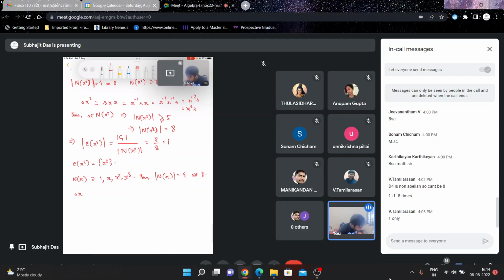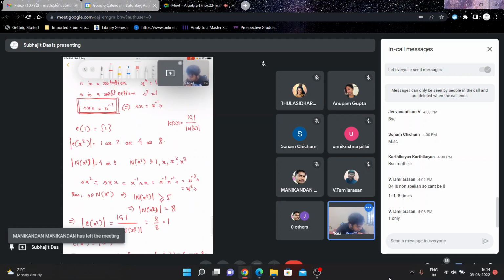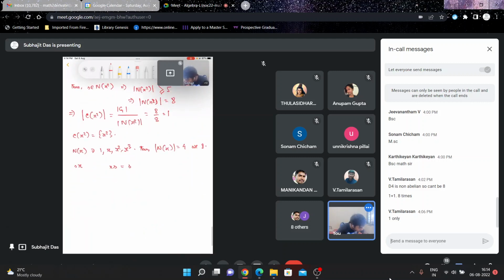And what is RS? RS, by using this relation again and again, you can check is just SR cube, right? So SR is definitely not equal to RS, right? That means S doesn't commute with R, or S is not in the normalizer of R, right?